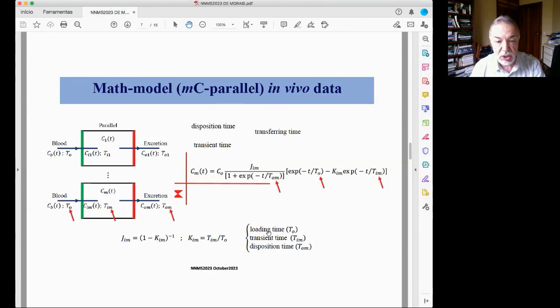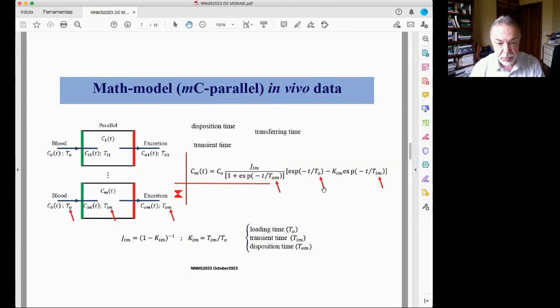So you have the loading time, which tells you how fast the material or nanomaterial goes out from the blood to a particular compartment. This is the loading time of that particular compartment. This is a very important parameter you can extract from fitting the experimental data using this equation.